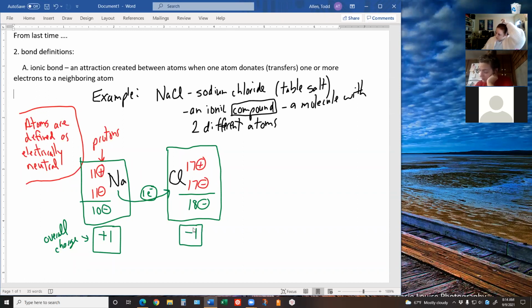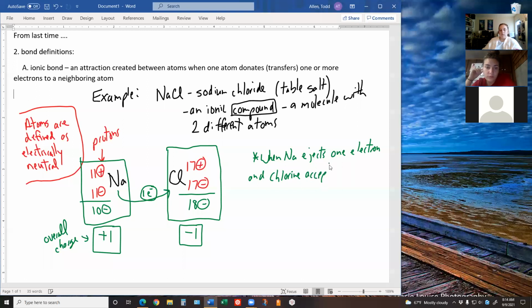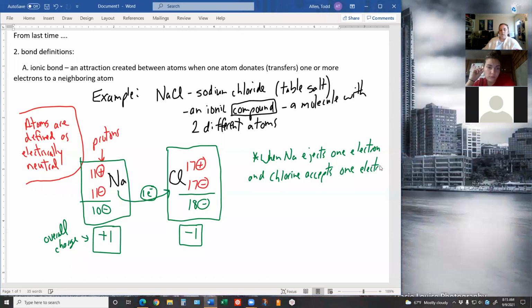In essence, and let me write this down over here: when sodium ejects 1 electron and chlorine accepts 1 electron, these atoms become ions.